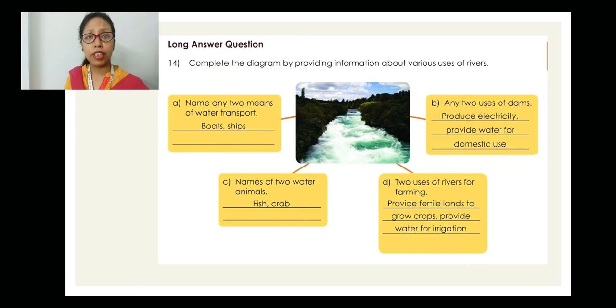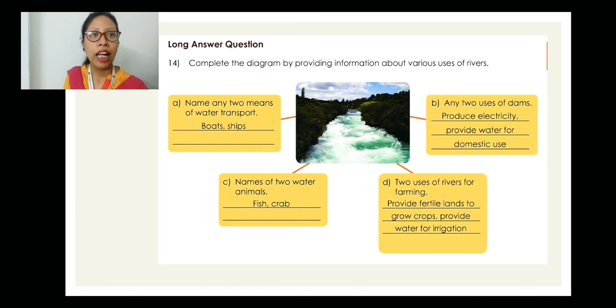This is from the workbook, EVS 2 workbook. Let's discuss question number 14. Complete the diagram by providing information about various uses of rivers. Number A. Name any two means of water transport. You can write boats and ships. Also there are ferries. Here I have written only boats and ships.